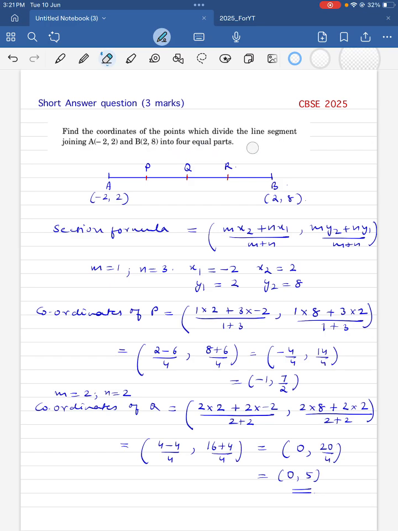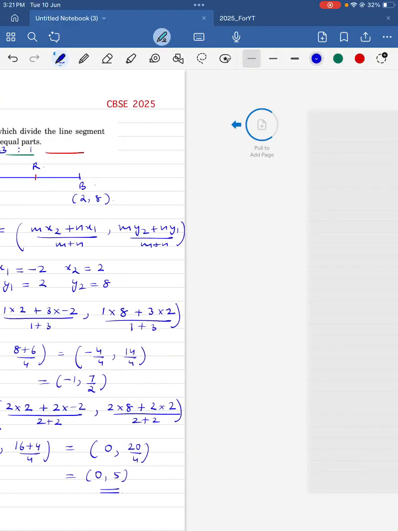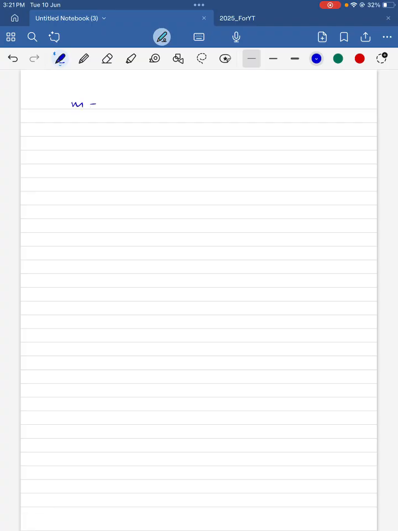Now, like with the point Q, now we have to find the new ratio. Now, point R, we know that there are 3 parts, 1, 2 and 3 parts before point R and 1 part after point R, which means the ratio will be 3:1. Okay, so in order to find the coordinates of R, we have to take the value of m as equal to 3 and n as equal to 1.